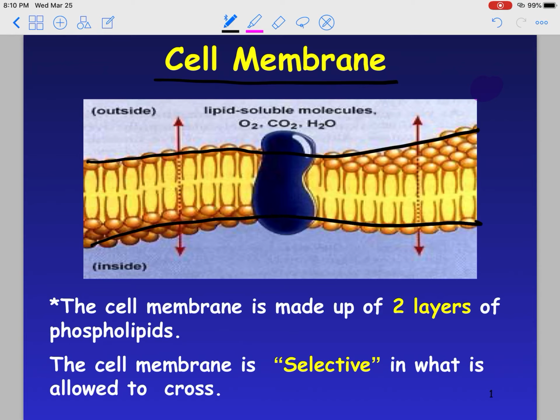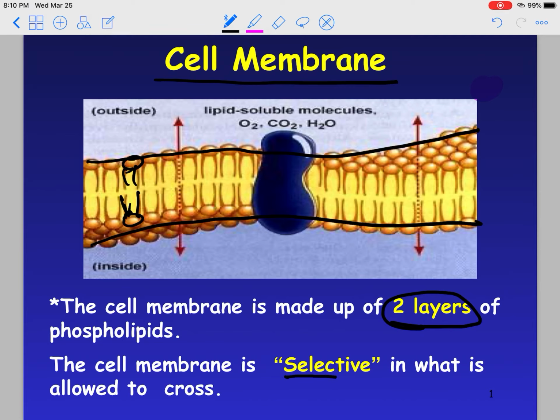And so you can see that there are two layers here. We've got a layer on this side and a layer on this side. And they're made of these materials called phospholipids. That's phosphates and fats, but you don't really have to focus on that.